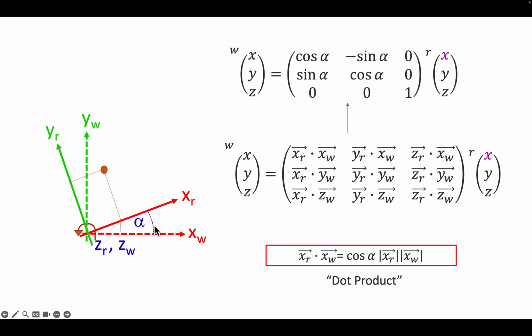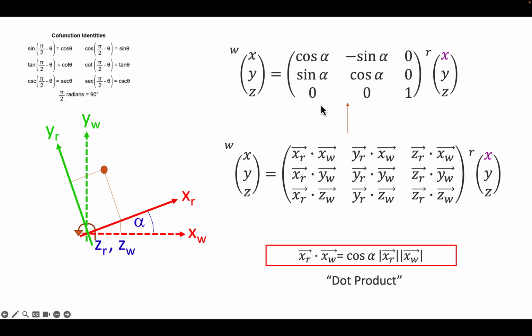It's alpha, so I plug in cosine of alpha. What is the angle between xr and yw? Well, this angle is 90 degrees minus alpha. So I plug in cosine of 90 minus alpha here. Now I can look up the cosine and sine identities, and I find that cosine of 90 degrees minus alpha is sine of alpha. So I put this in here.